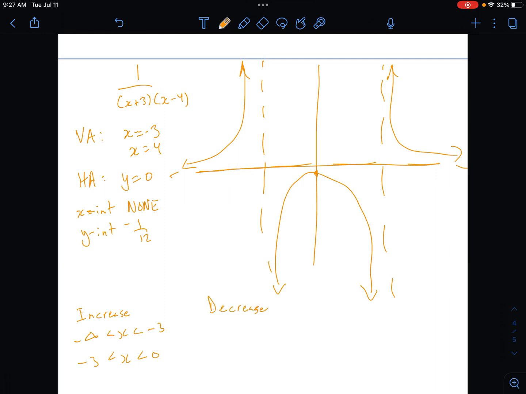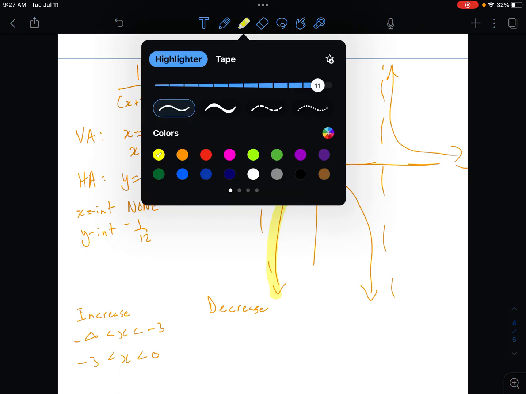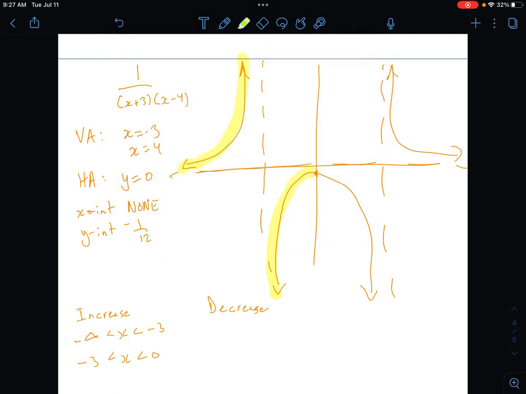So then my decreasing ones, if we watch through my pen here, these values are all getting bigger and bigger and bigger. These values are also getting bigger and bigger. And at some point here is when we're going to make that transition, and these are all getting smaller every time. The y values are now getting smaller. So it means my intervals of decrease are from 0 to positive 4 and positive 4 to positive infinity. So that's when you would have multiple different things showing up.